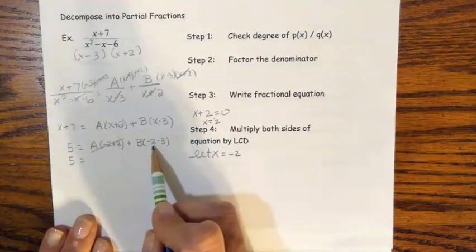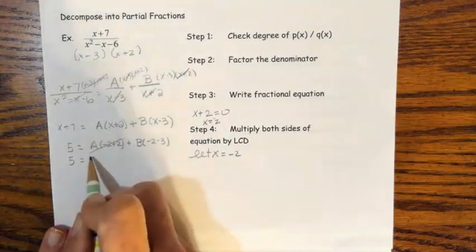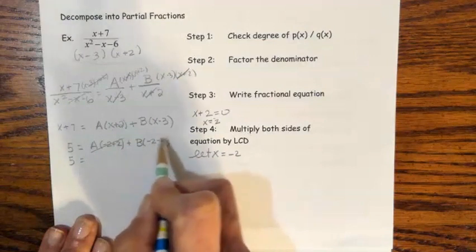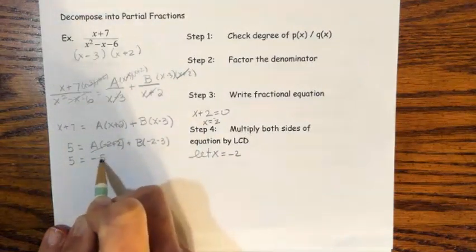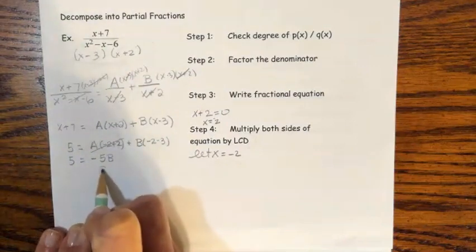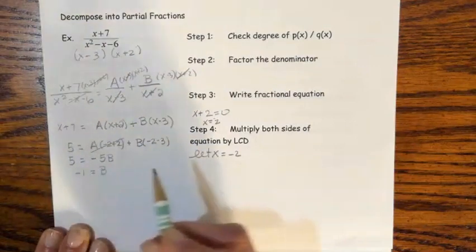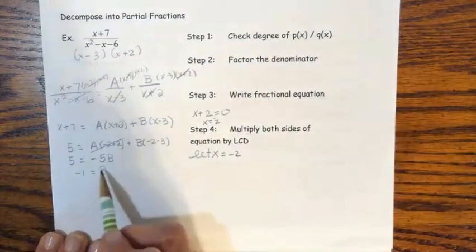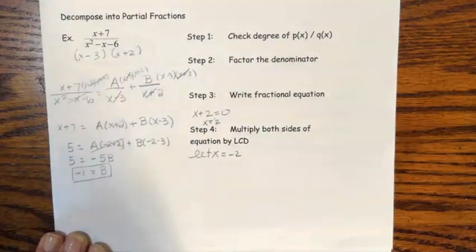And then I have negative 2 minus 3 is negative 5, so negative 5B. And then I solve for B, and I get B equals negative 1. Okay, so that's the value of B.